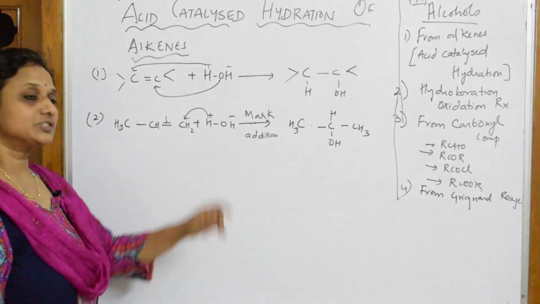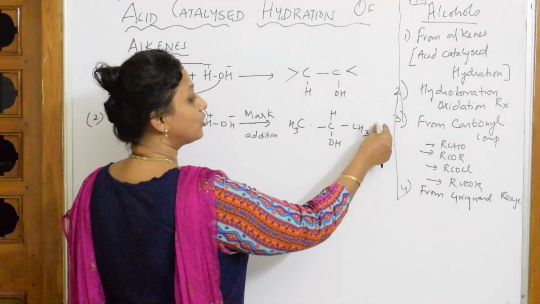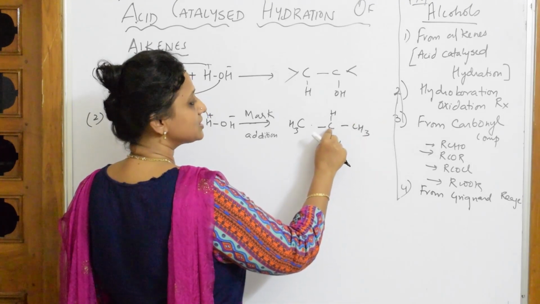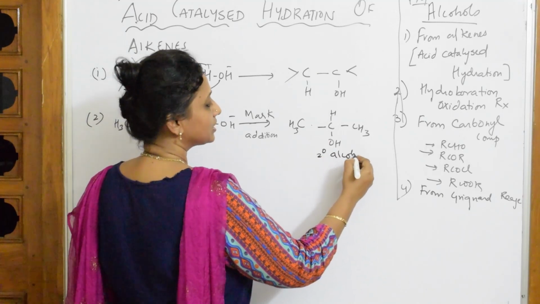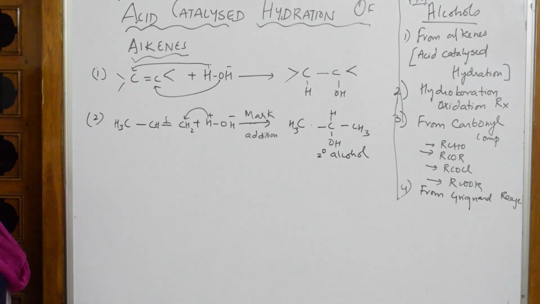Right, done. So which type is it going to form? If OH forms here, it is called primary alcohol. If it forms here, because this carbon has only 1 hydrogen, it forms secondary alcohol. Correct? Secondary alcohol. That is the example given.